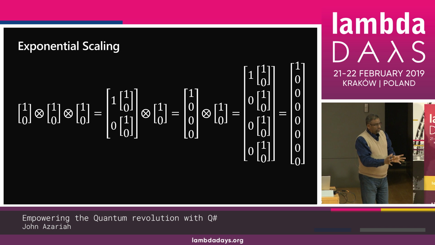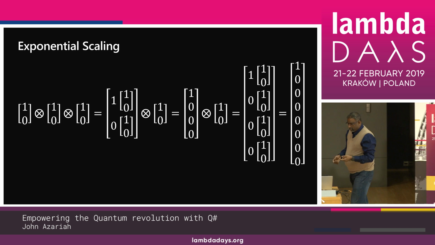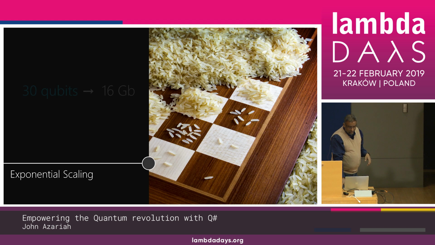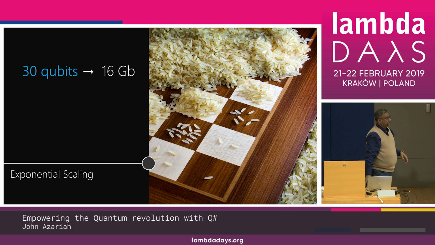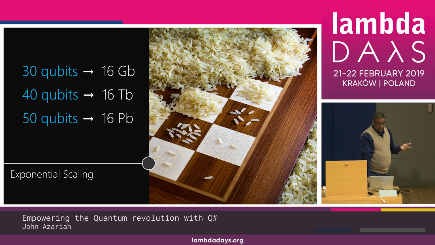There seems to be a lot more information than you can possibly store. Because just like in the chess game with the dice, you run out of space fairly quickly. You can store about 30 qubits in about 16 gigabytes. And every 10 qubits you add basically makes your space requirement go up by 1,000.